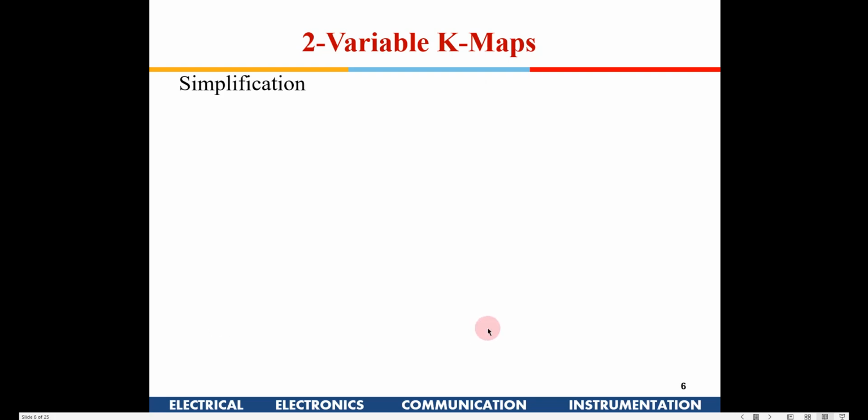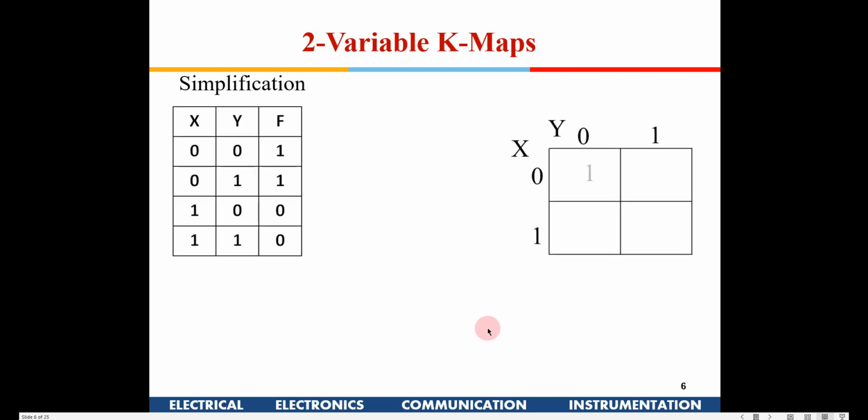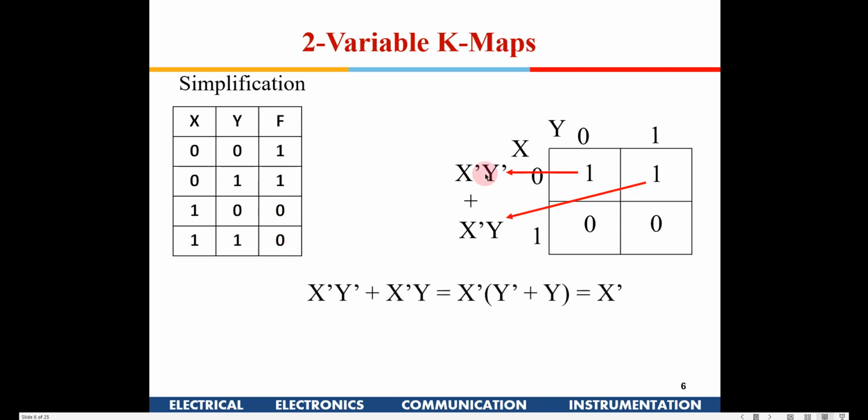The importance is, if you see here, now we are going to map these. This function has been mapped here. Now what is this element? This is x dash y dash, the min term corresponding to it. What is this element? This is x dash y. If I have to write a function f from the truth table, I'm just talking about only these two terms right now.